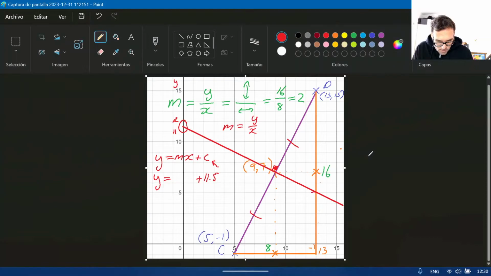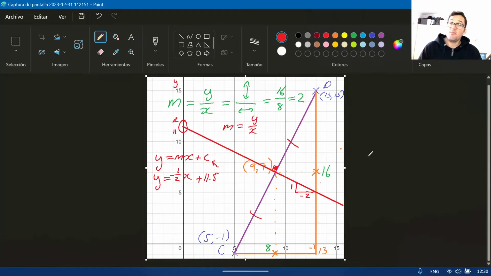So if we draw a little triangle here, we're going up 1, so we'll have a 1 at the top, and we're going to the left, so -2, because this is now a negative gradient. The previous one was positive, this is now negative, and that's the equation of the line.